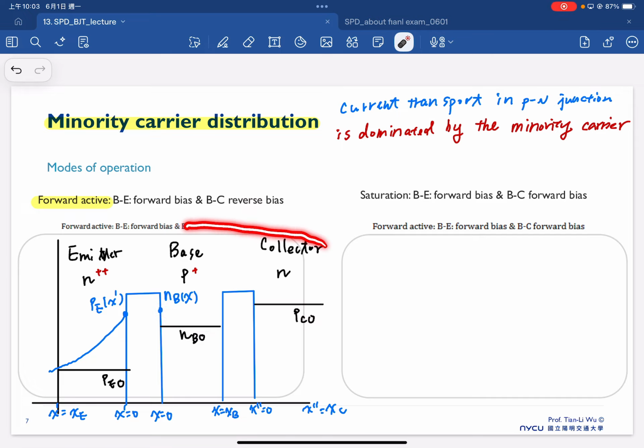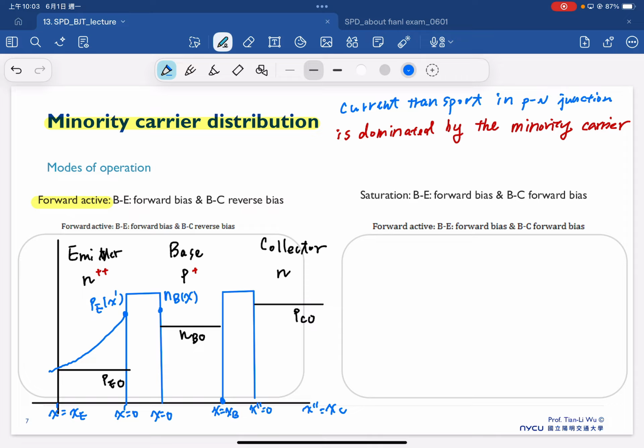But the one thing different between the pure PN junction versus the bipolar transistor is that we also need to consider this is under the reverse bias, which means that the carrier concentration at this location will definitely be equal to 0, because this is under the reverse bias.